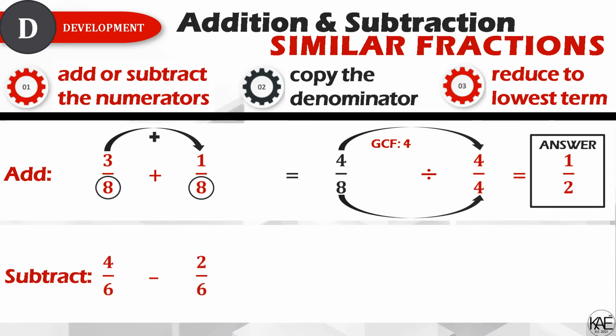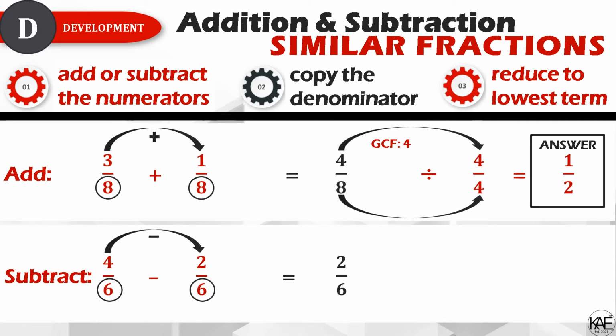Now, let us try to subtract this one. 4/6 minus 2/6. First step, we simply subtract the numerators. 4 minus 2 would give us 2. Then we copy the common denominator, which is 6. That would give us over 6.